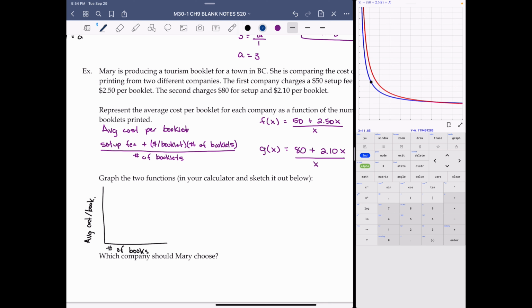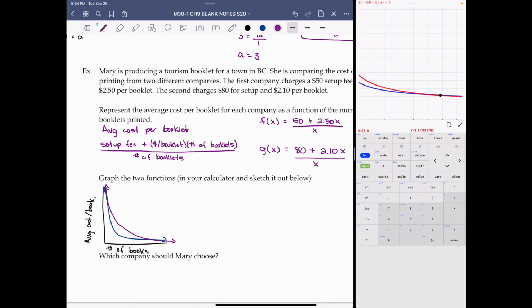Our blue one looks something like this, and our red one looks something like this. Let's find, we can see, look here, it looks like they intersect and the red one starts to be below the blue one. So let's try to find the intersection point.